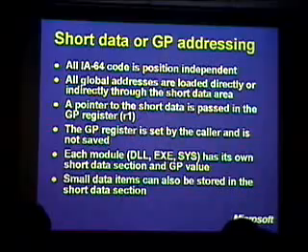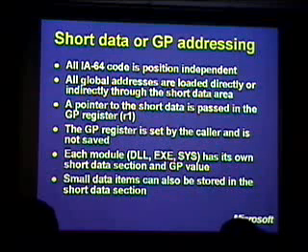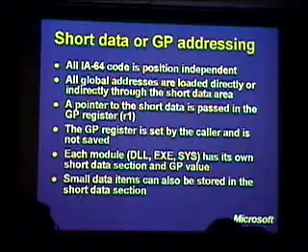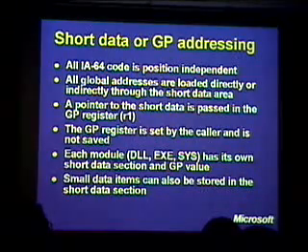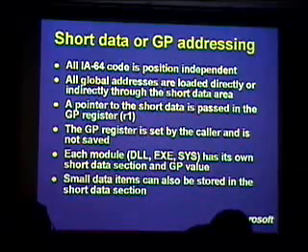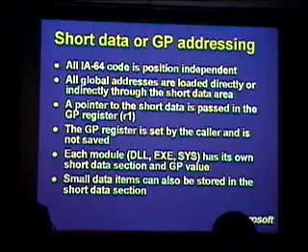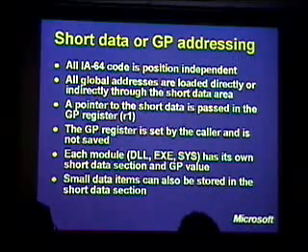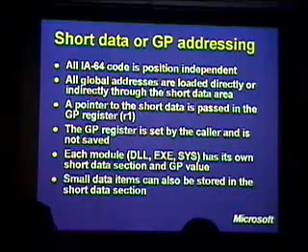I mentioned the GP, which is global pointer addressing. This is something that's been done in a lot of the RISC architectures. When you're trying to have all your code be position independent as well as fast, having to generate a 64-bit pointer for every address you're looking for gets to be a lot of work and makes your code not very dense.